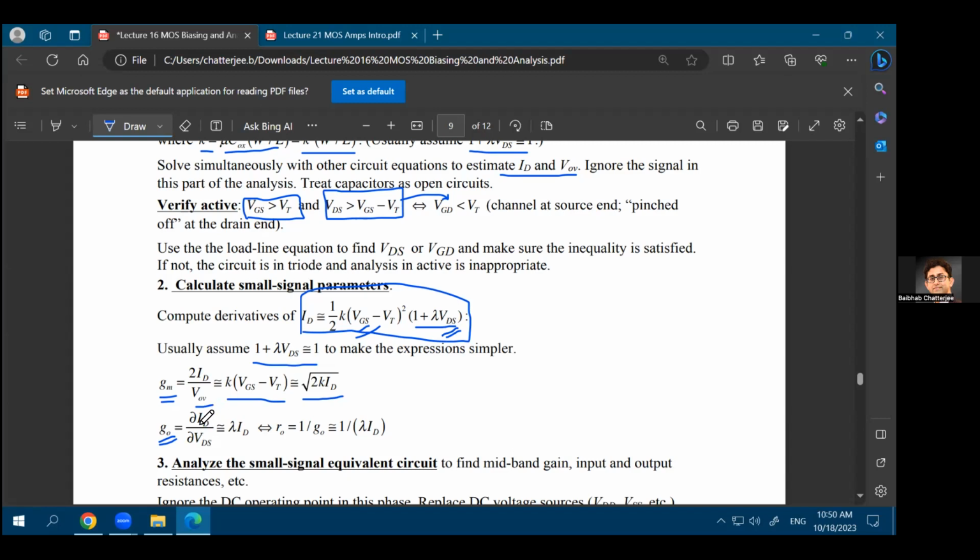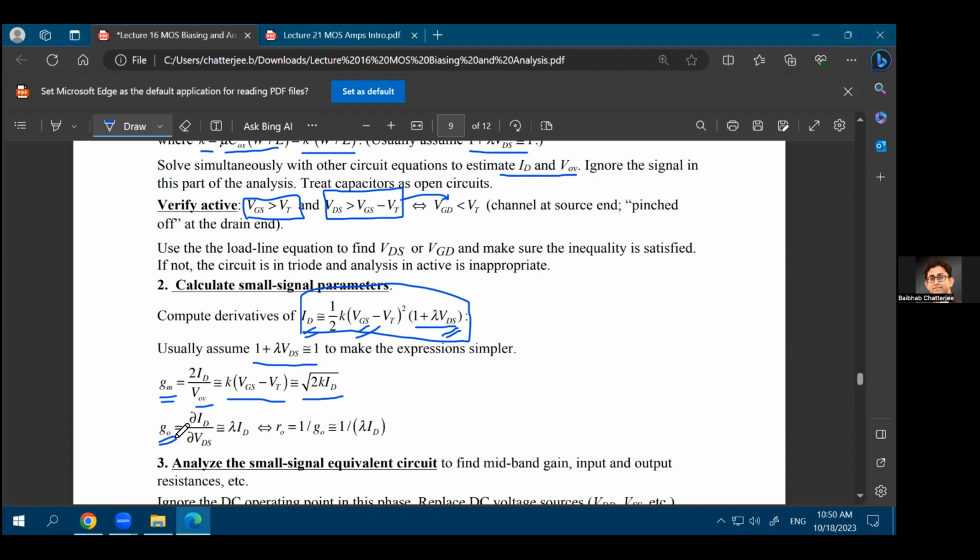So it's again a current over voltage term, but both the current and the voltage are at the output. That's why it's called the output conductance. The previous one was transconductance because you had a change of output current divided by a change in input voltage. Input and output are separate quantities. Input voltage is your VGS, output voltage is VDS, and output current is ID.